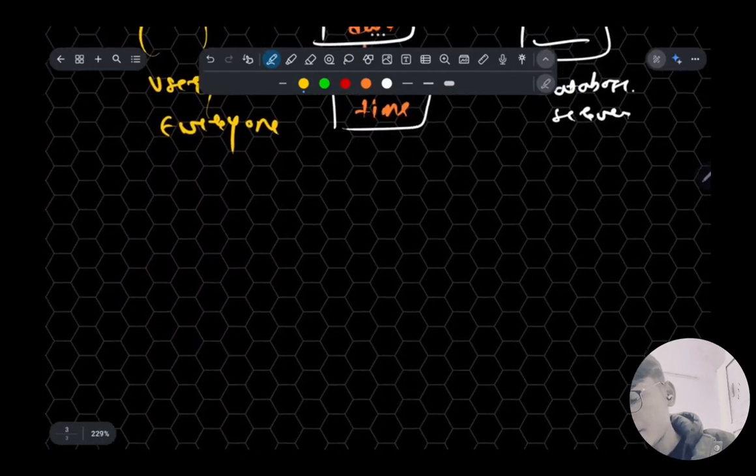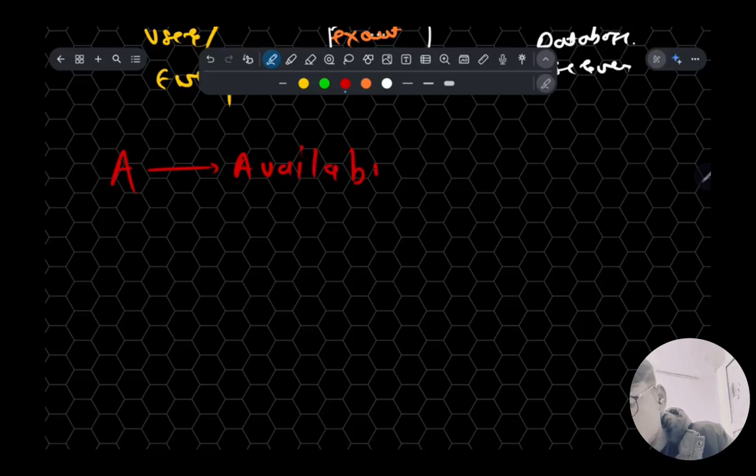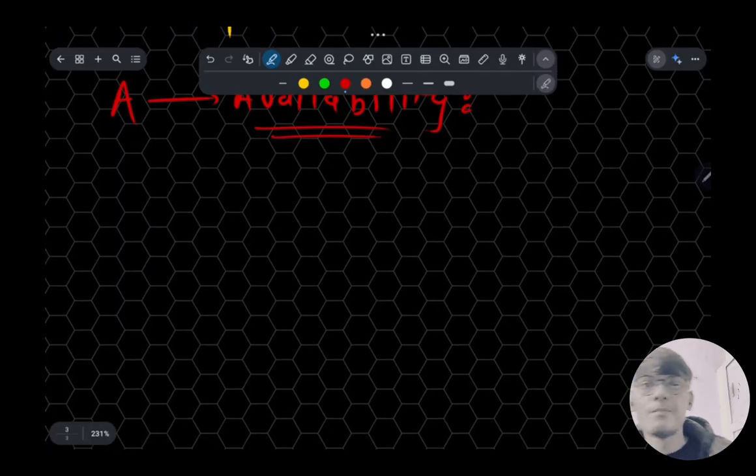Then another property, A for availability. What exactly does availability say?